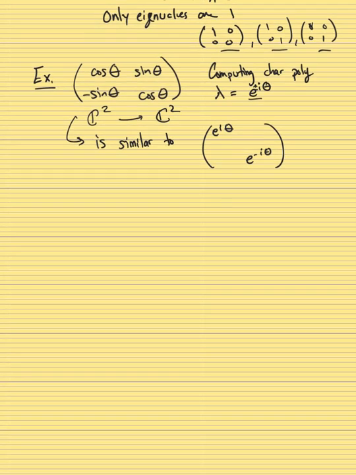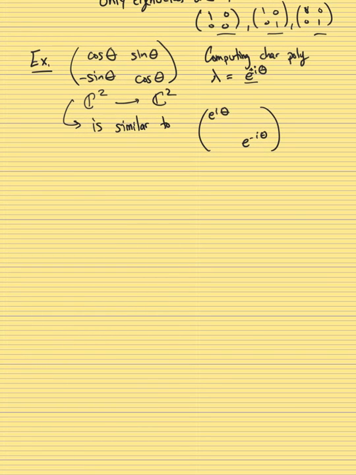Okay, so now to work out the eigenvectors, we're looking at things in the kernel of A minus lambda I. In this case, the top left entry is cosine theta minus (cosine theta plus i sine theta), which is minus i sine theta, and we're looking at the kernel here.